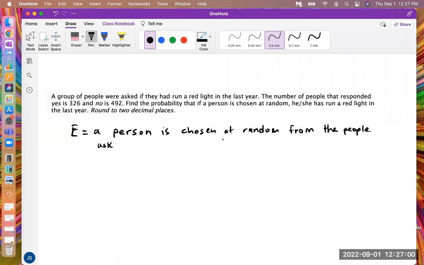So it's the probability that a person is chosen at random from the people asked, and they ran a red light.